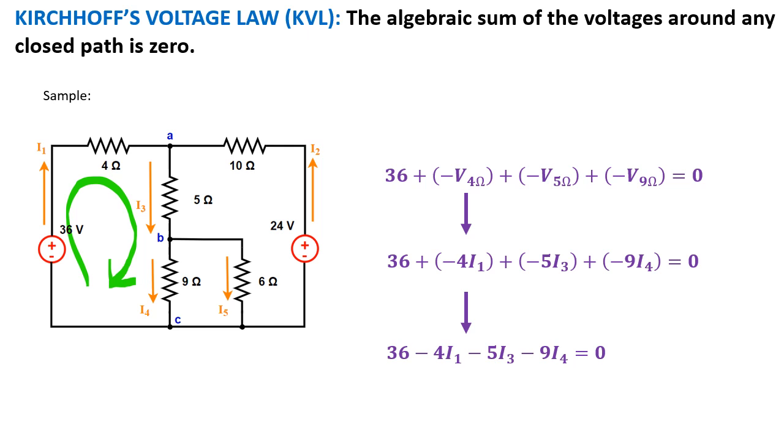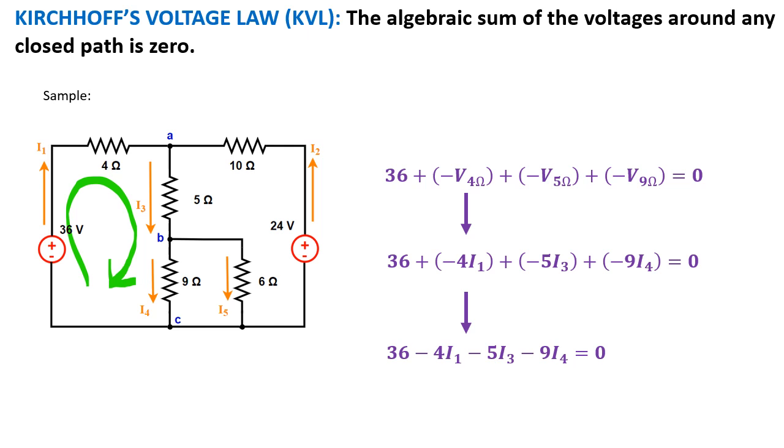However, for the 4 ohms, we put a negative sign here because we assume a current going in that direction and our loop is in the same direction. When the loop direction is the same as the assumed current direction, we'll have a negative voltage.